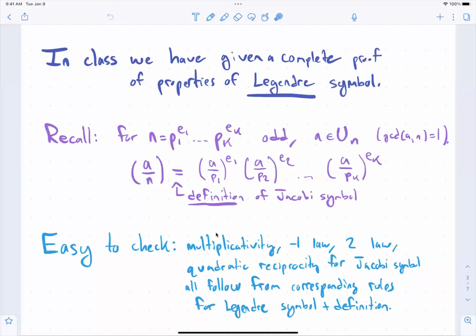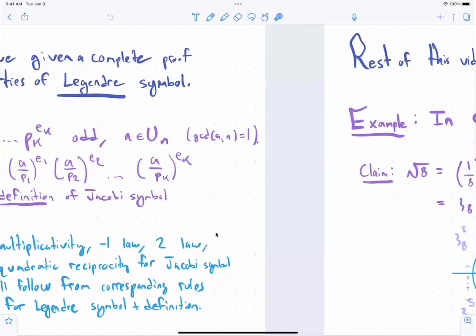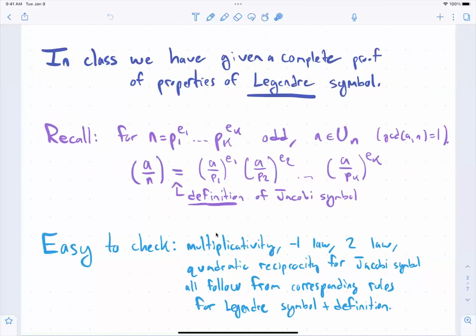That just follows from the corresponding rules for the Legendre symbol and this definition. It's fun to work out and check, for example, that the 2 law holds. Do that if you're interested, but the key thing was to establish these for the Legendre symbol, and then they hold for the Jacobi symbol, not too difficult, just from this definition.